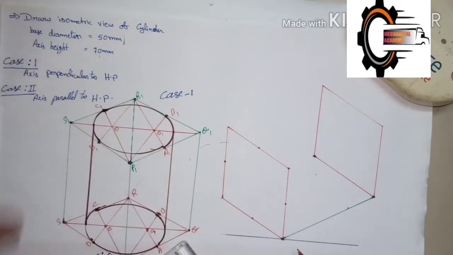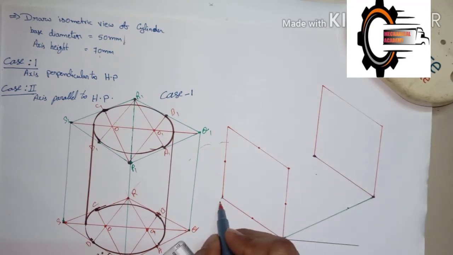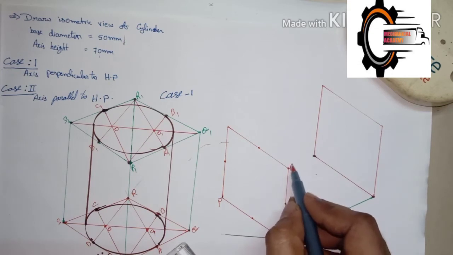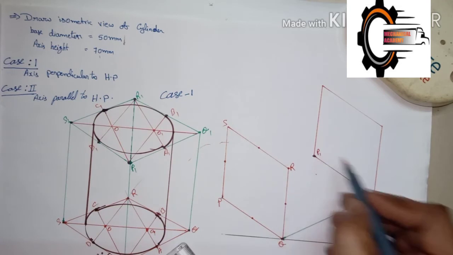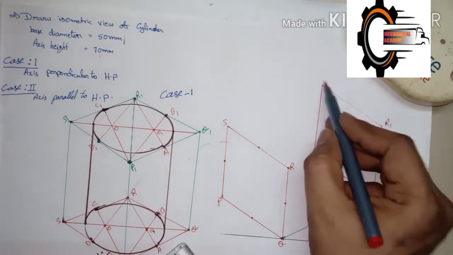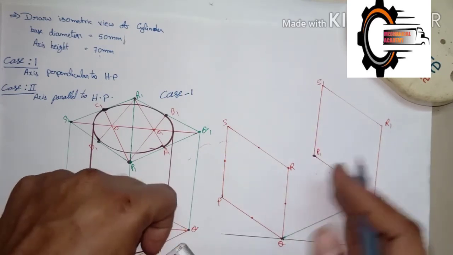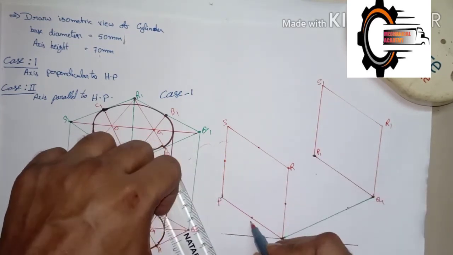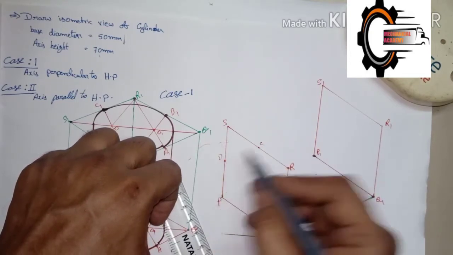Okay, so here this is P, Q, R and S. Similarly here this is P1, Q1, R1 and S1. Okay, so now join this, and give them also A, B, C, D.